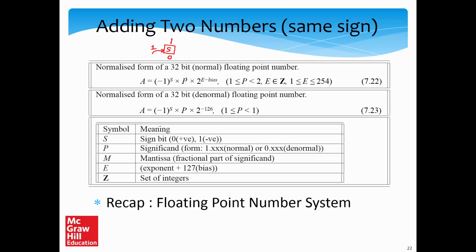The significand is of the form 1 point, followed by a sequence of 23 zeros or ones, so 1 is less than or equal to p, and p is less than 2. Then we have 2 to the power e minus bias, where e is the exponent that is stored, and the bias is 127.